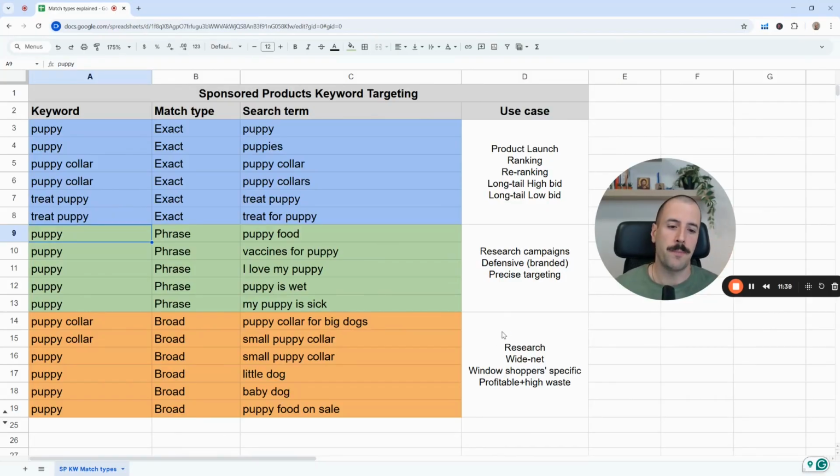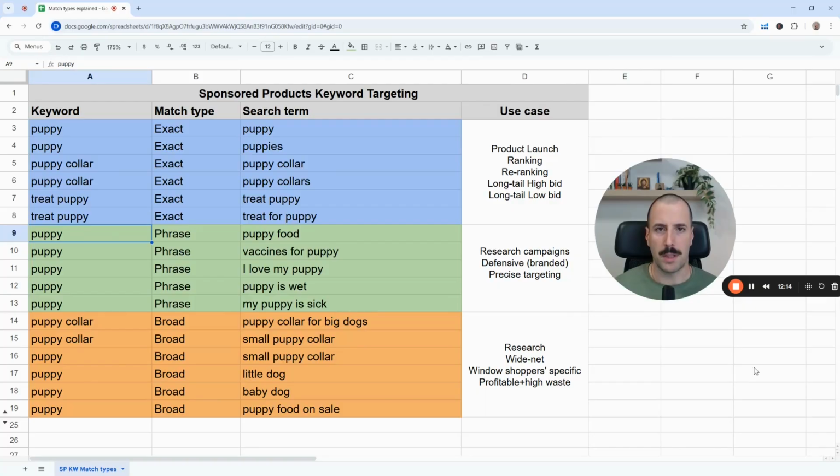So it's really crucial to think through what you're planning to accomplish and then use all of these match types wisely. Each of them has its own strengths and weaknesses, so use them carefully. Also, it's very important that you test every match type for your product.